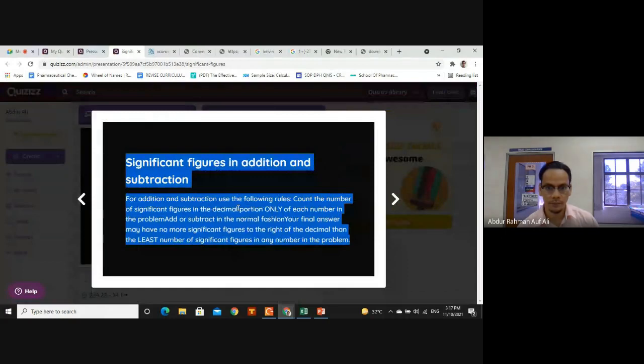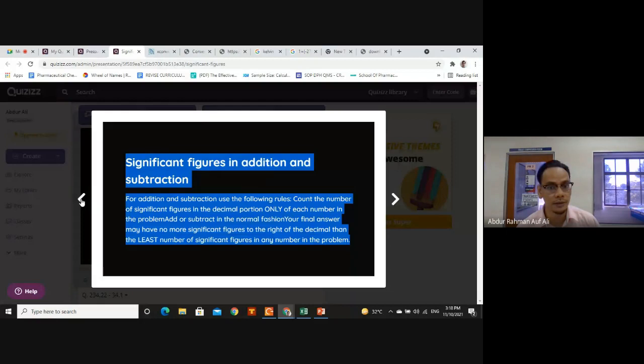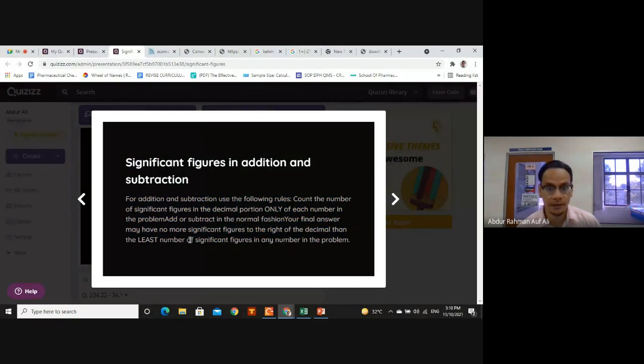So kalau kamu ada dua value macam this problem, 234.22 dengan 34.1. So kamu patut report the ones yang lebih kecil titik perpuluhannya. Okay, kita tak tengok significant figures. Kita tengok decimal point. Kita tengok the significant figures in the decimal portion only.